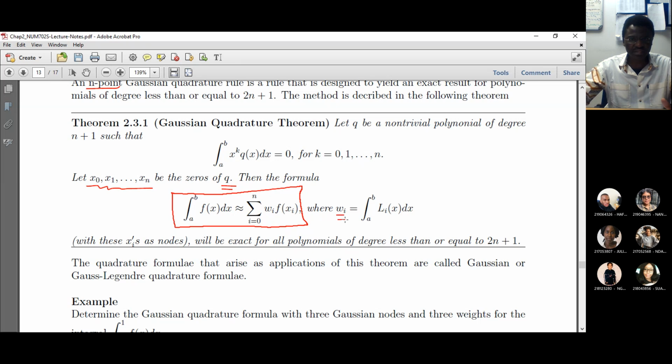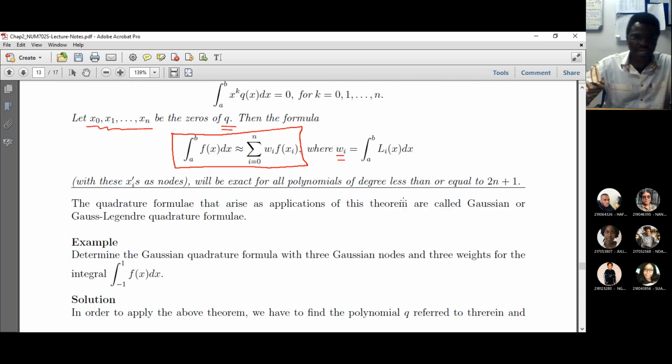The weights are obtained by integrating the cardinal function. And this is exactly the same scenario as in the Newton codes, because remember that with the Newton codes, the weights are just the integral of the corresponding cardinal function. Okay, so that is it.